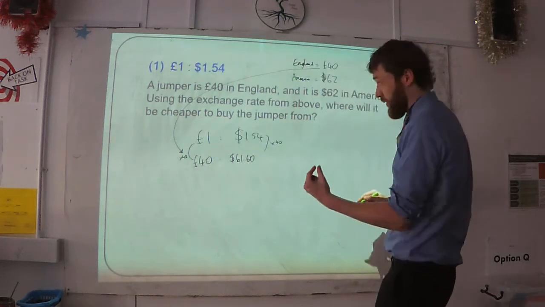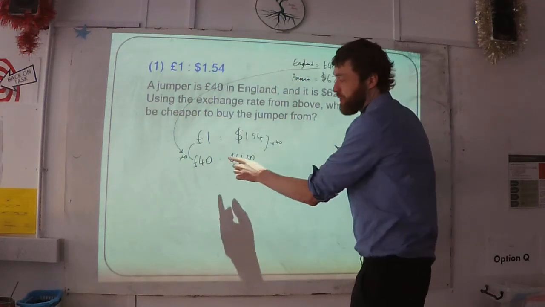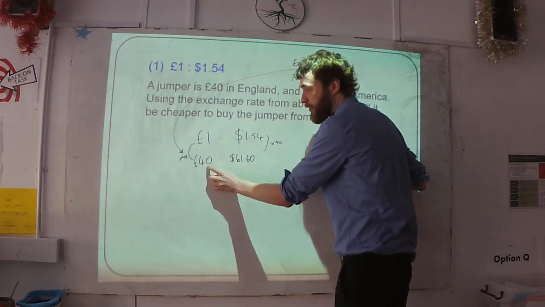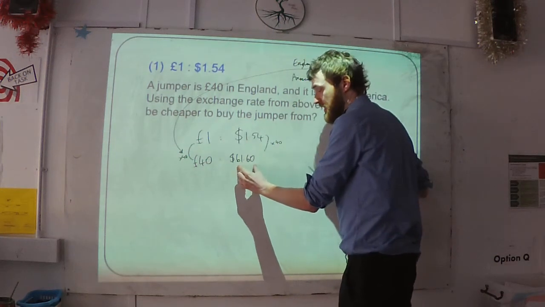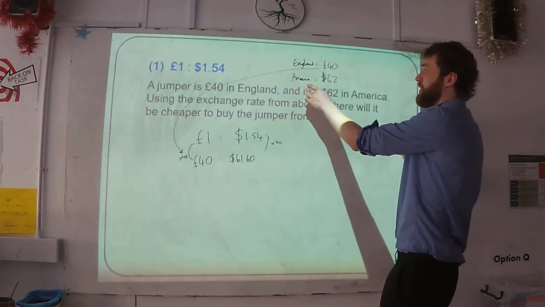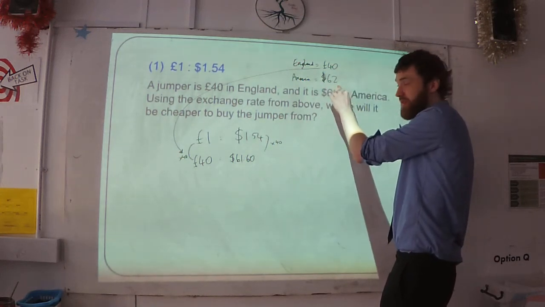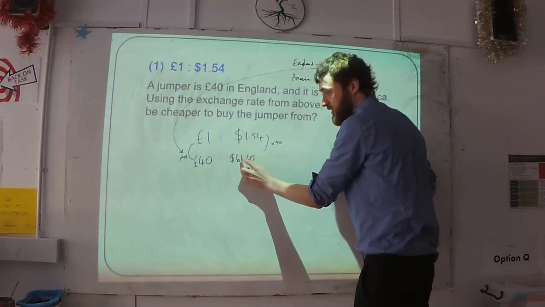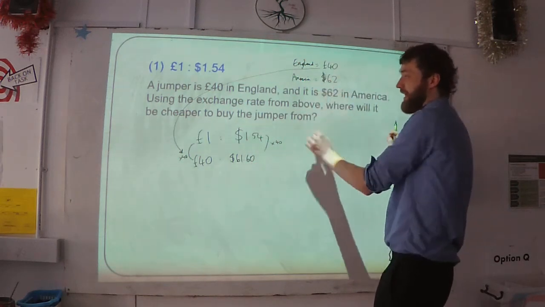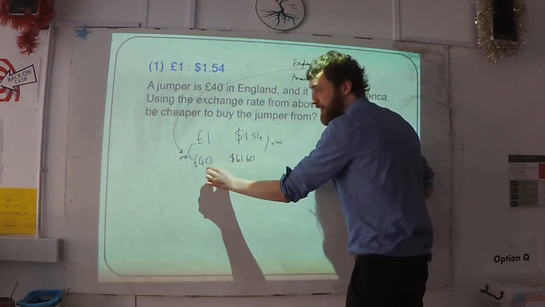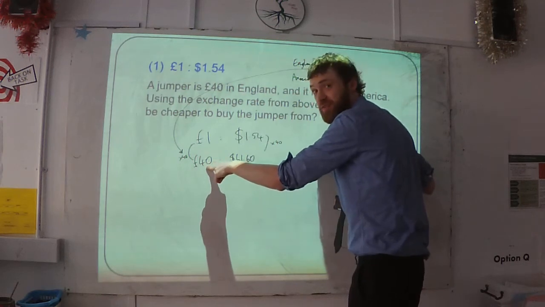Because now the question says, where is it cheaper? You've worked out that in England, £40 represents $61.60. In America, the jumper is $62. So because $61.60 is less than $62, it's going to be cheaper in England.